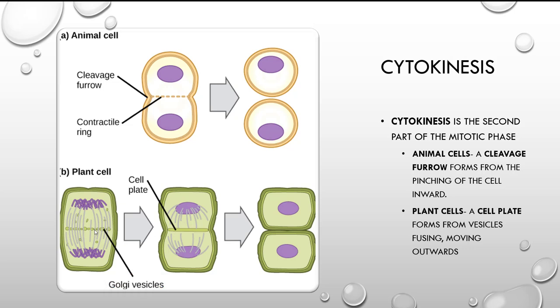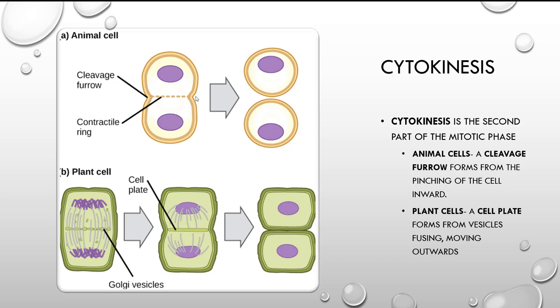And then as they fuse together, they start moving outward until they seal it off completely. And that is what we call a cell plate. Okay, so it's these Golgi vesicles, they seal off into two separate cells. The cell plate seals it off until you end up with two separate plant cells.